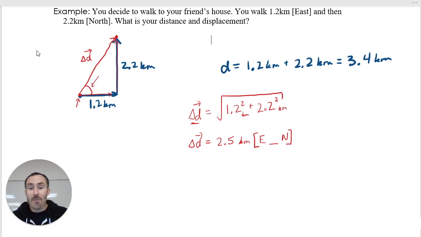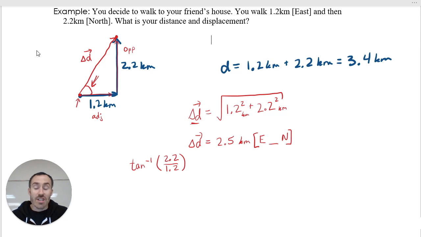Again, now we have the hypotenuse as well, so we could use that, but it's better to use the unrounded numbers. Inverse tan of 2.2 over 1.2. Right, because if we're standing at this angle over here, then this is the opposite side, and this is the adjacent side.